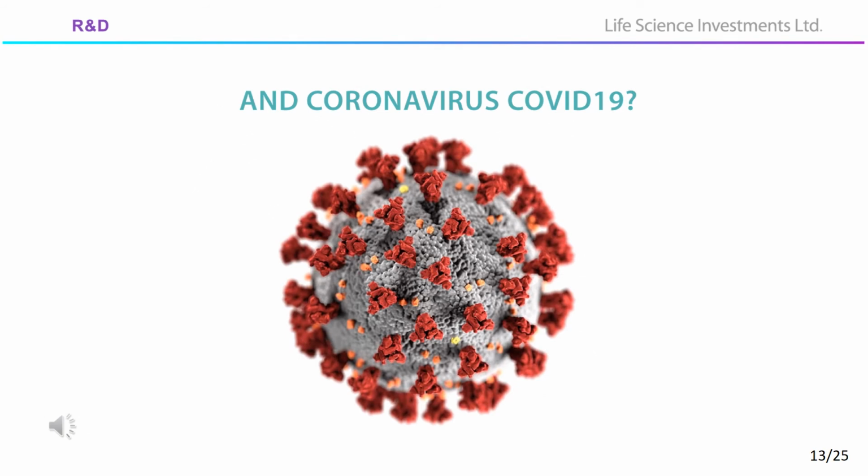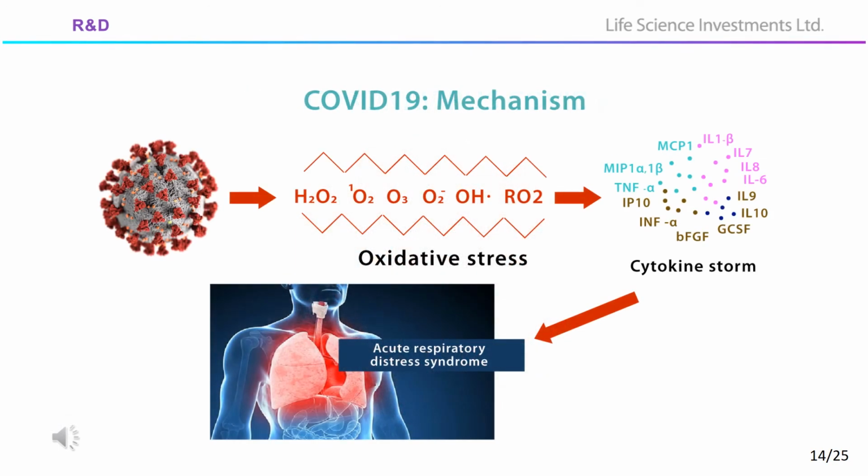And now, which implications and which consequences may it have in COVID-19 infection? The mechanism of COVID-19 infection is quite simple and quite classical. It's similar to any viral infection, and by the production of free radicals, of reactive oxygen species causing oxidative stress.